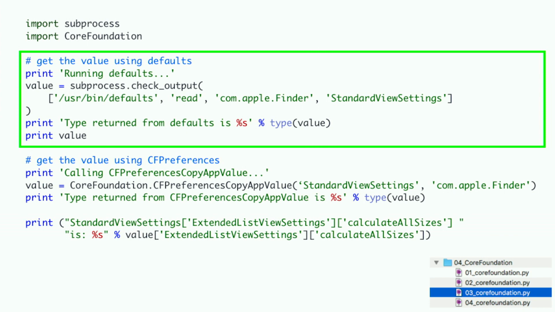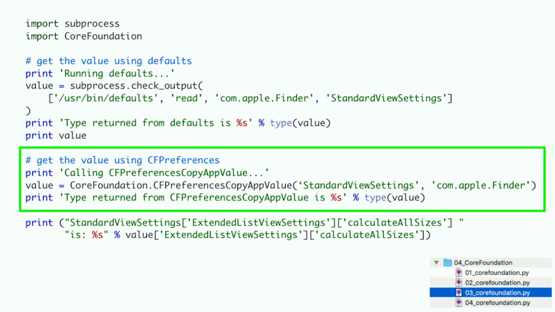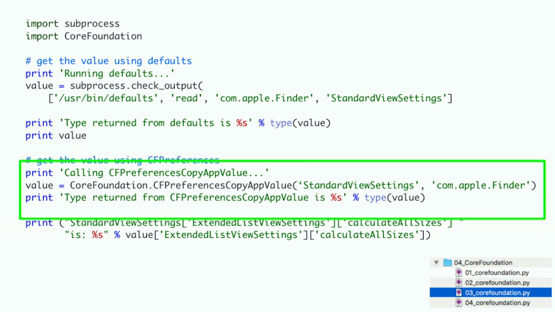And we're just going to print back the type and then the actual value that's returned. And then we're going to use the CF preferences function. We're going to print the type, and then we're going to get fancy. Since I know what's going to come back is a dictionary, I can use Python's dictionary syntax to find a sub-value buried deep inside what is returned. So let's run that.